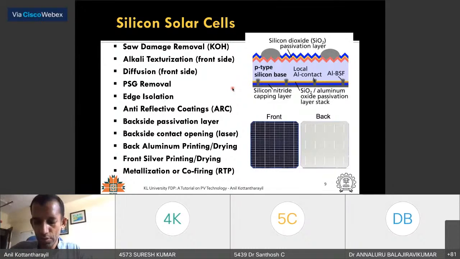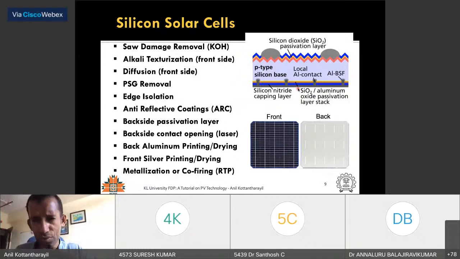And then you can make these layers. For example, you have several thin films: a silicon nitride, oxide, and aluminum, and so on. Typically you use what is called PECVD, plasma enhanced chemical vapor deposition, for depositing the top silicon nitride layer. Aluminum oxide is also deposited by PECVD or by atomic layer deposition.